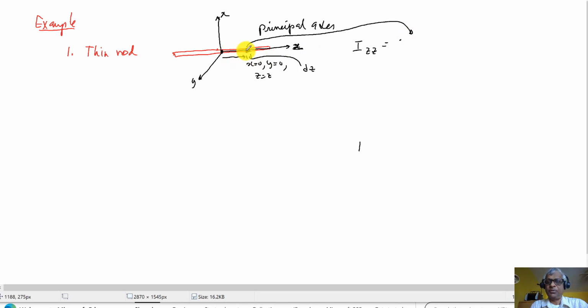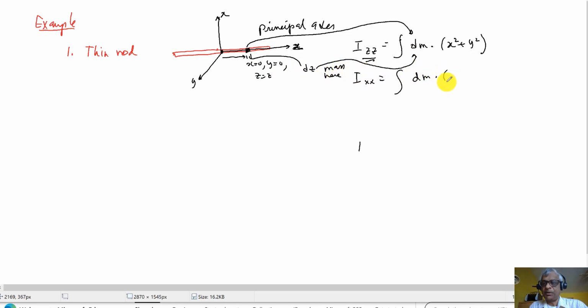If I write down the whole thing, it becomes an integral, right? Integral of dm times x squared plus y squared for Izz. And Ixx would be the same kind of integral of dm, the mass here, but because I'm in xx, I get y squared plus z squared.